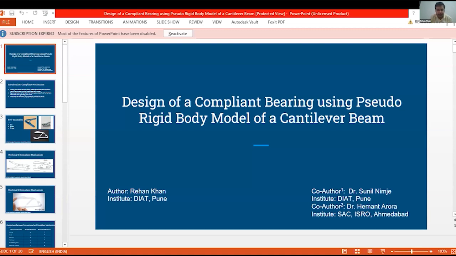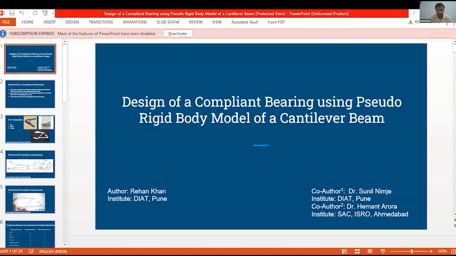The problem definition is that we'll design a compliant bearing and obtain the following results at a defined load: maximum displacement, maximum von Mises stress, and minimum factor of safety of the mechanism. This is the pseudo rigid body model of a cantilever beam. First we understand what a pseudo rigid body model is.